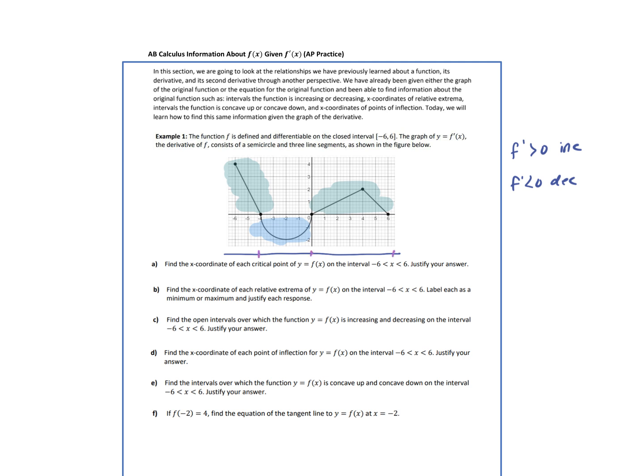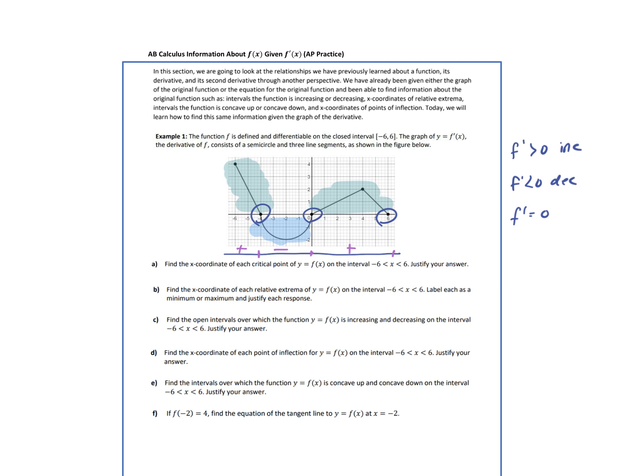So to the left of -4, it's positive, negative, positive, and that's helpful to find max and mins. And those are my critical numbers where f prime equals 0. Remember, f prime equals 0 are critical numbers, so here and here and there, okay? Those are potential max or mins. So let's go ahead and answer this.